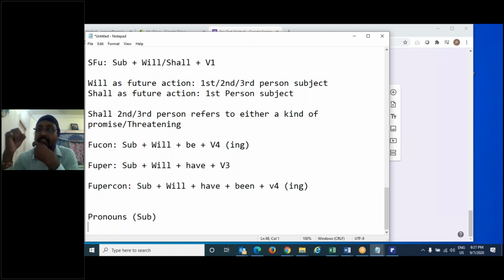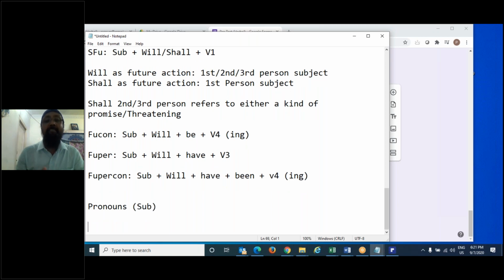Do we see pronouns used in other places except in the beginning? Yes, we do see. So pronouns are generally used in 5 places in a sentence, and as the pronouns are used, there is a change of voice from active to passive or passive to active voice also. So there is a trick that we can learn here. So pronouns used in 5 places.